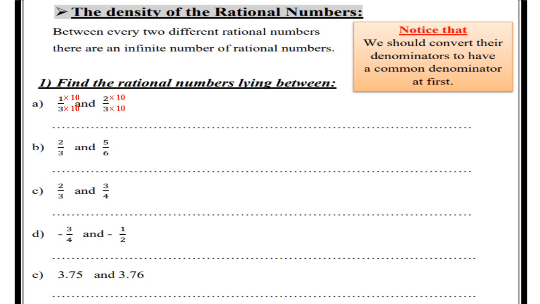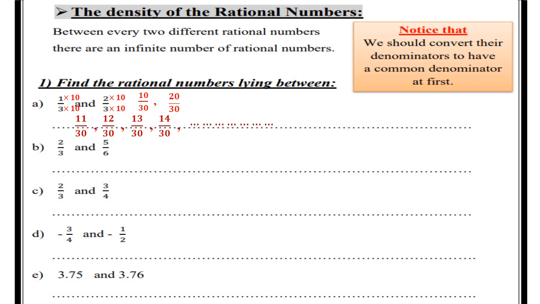So, 1 over 3 will be 10 over 30 and 2 over 3 will be 20 over 30. And then, the rational numbers lying between 10 over 30 and 20 over 30 will be 11 over 30, 12 over 30, 13 over 30, 14 over 30, and so on.